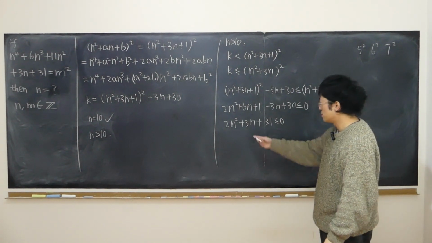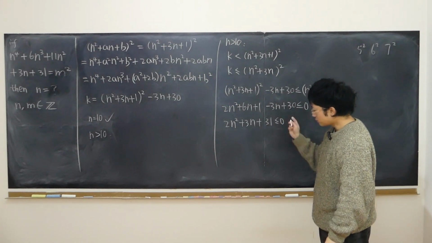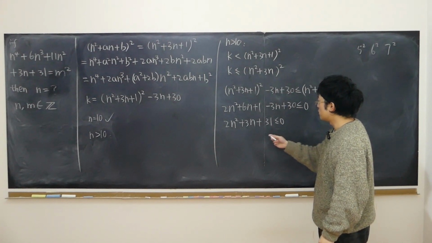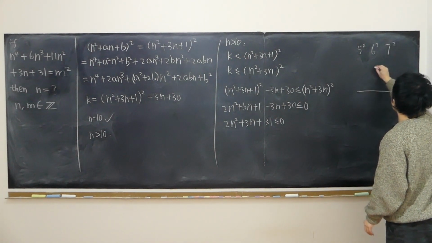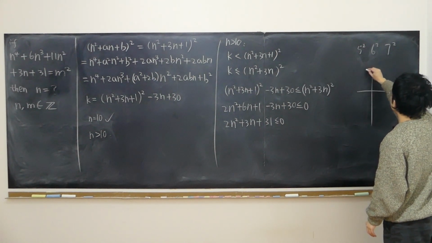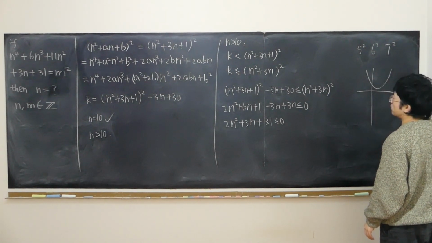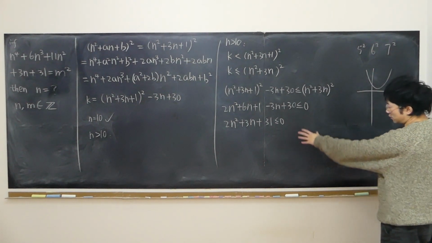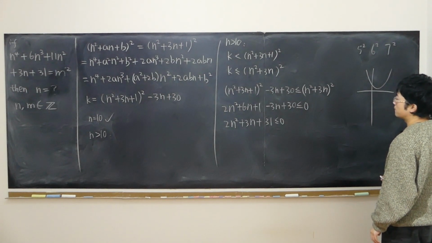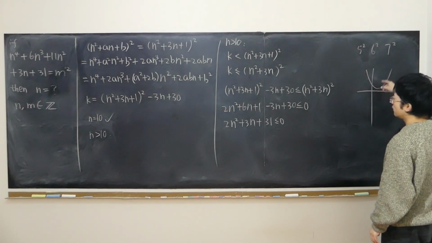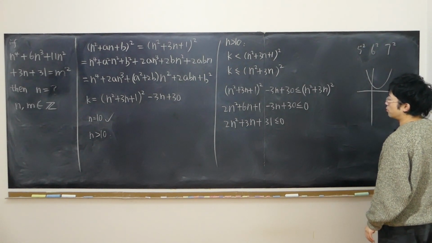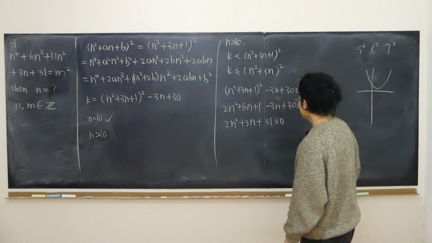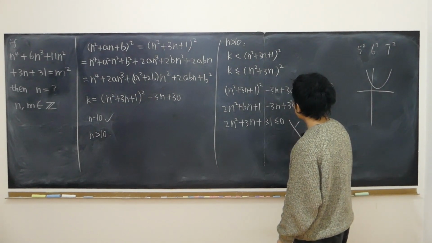So that means this function should be strictly larger than 0. Its graph, right, is a parabola. So that means it cannot be less than or equal to 0. So no, not possible.